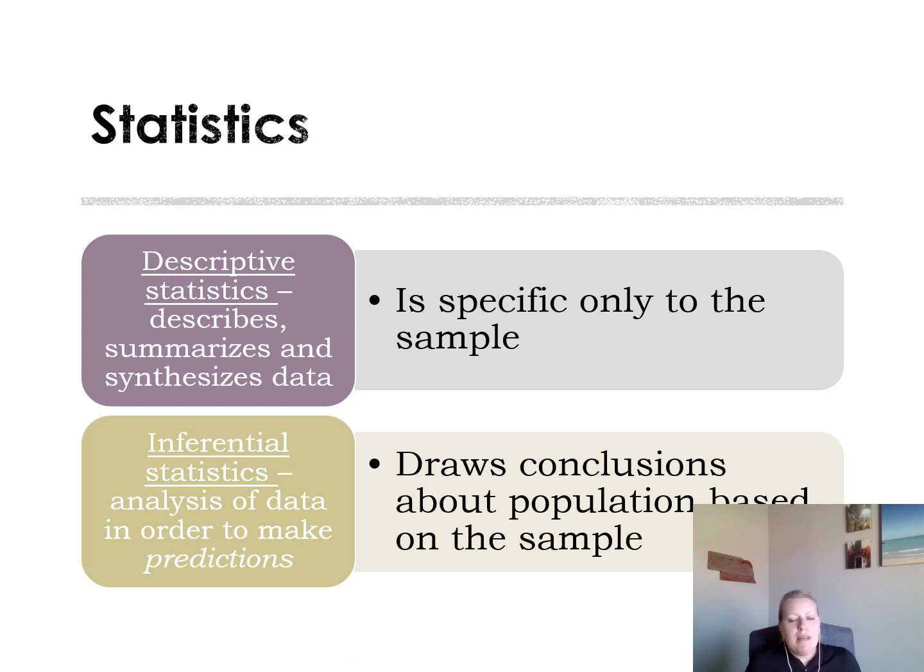We're just describing the population. Now, inferential statistics we're going to use for our experimental studies. So we'll also describe the sample when we are doing an intervention study, but then we'll take it a step further and we'll do inferential statistics, which is really drawing conclusions.